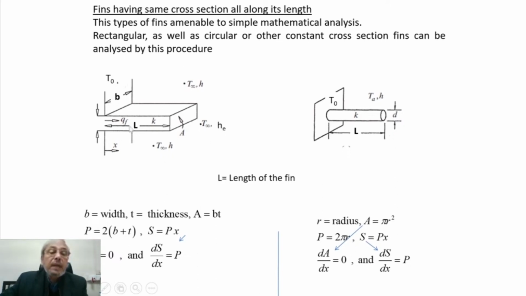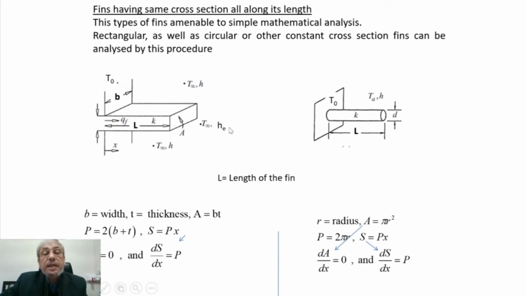This is the breadth, this is the length, T0 is the temperature at the base, T infinity is the temperature of the ambient fluid, h is the heat transfer coefficient, and here the heat transfer coefficient is he.